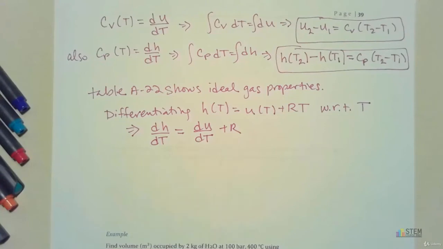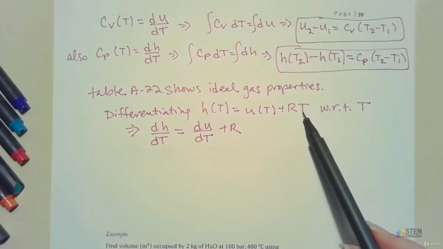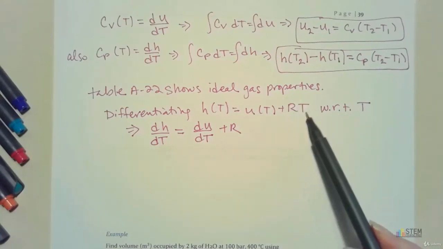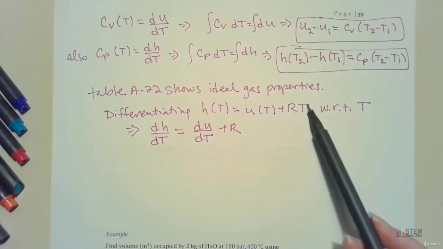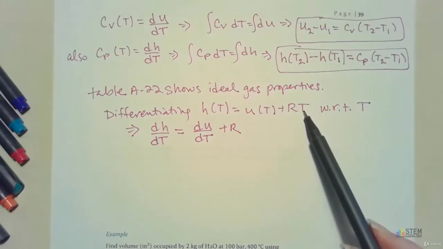Notice the T here goes away because we're taking the derivative with respect to temperature. So when you take the derivative of T, you just get 1. So that leaves R.